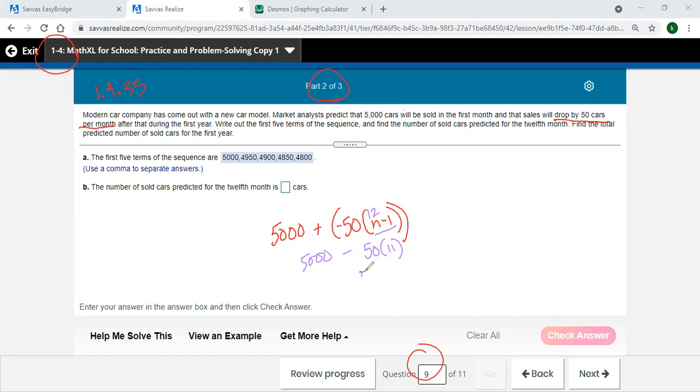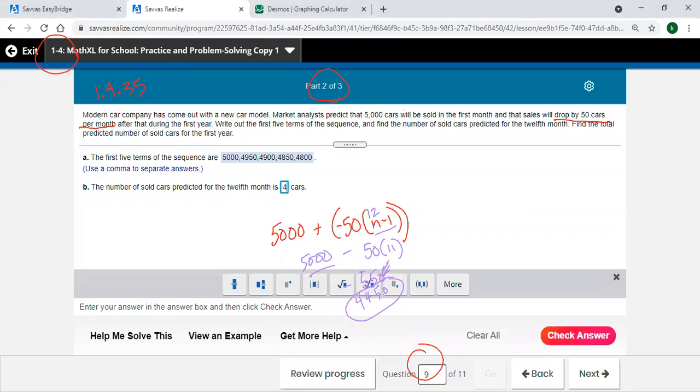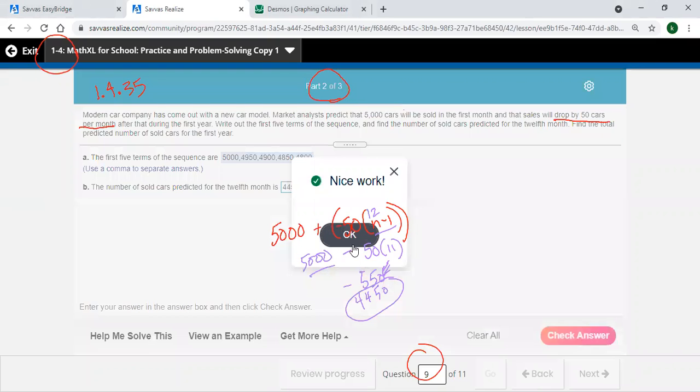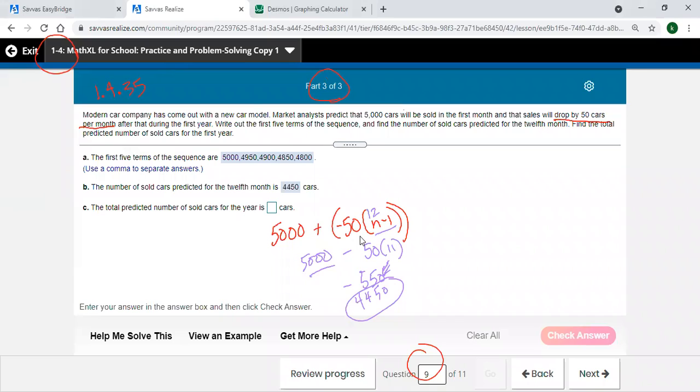So 11 times 5 is 55, add the 0. So I got to subtract 550. I believe if I add 450 to that, that's 1,000. And so how about 4,450 plus the 550 would get me back to my 5,000. All right, let's see how that is. 4,450. So far, so good.